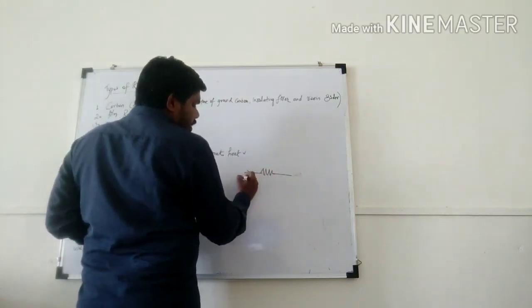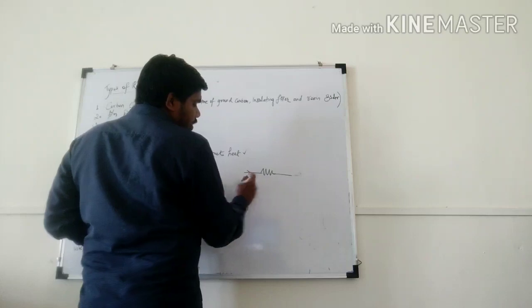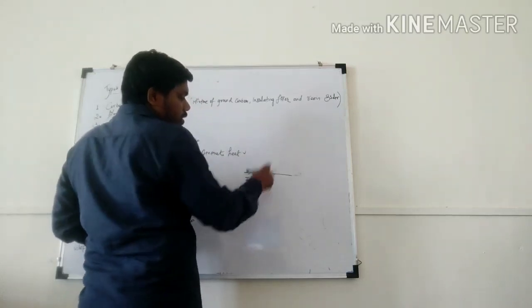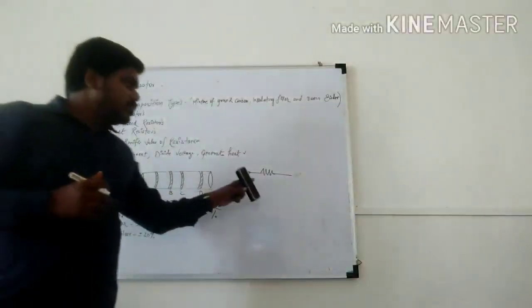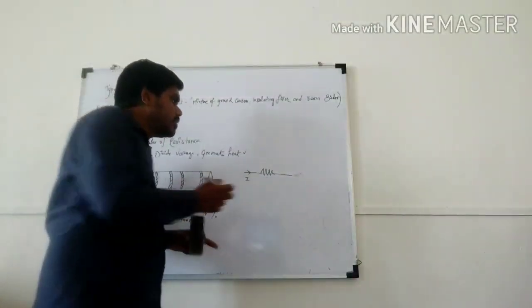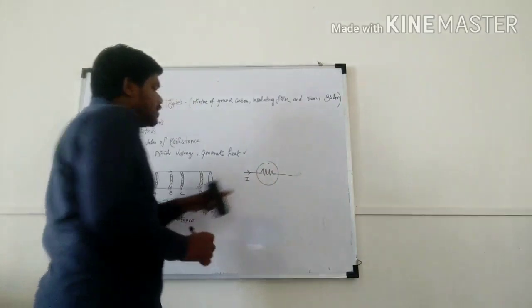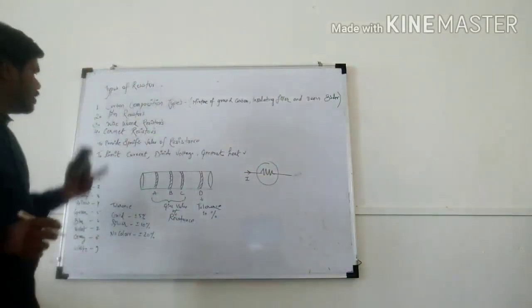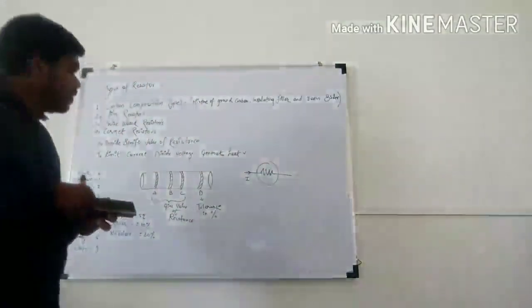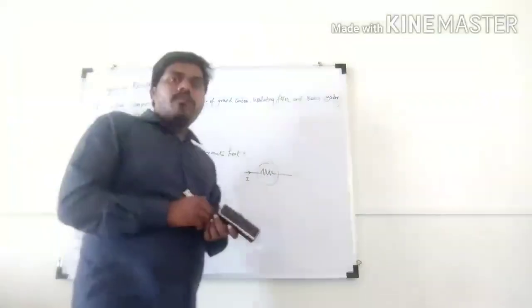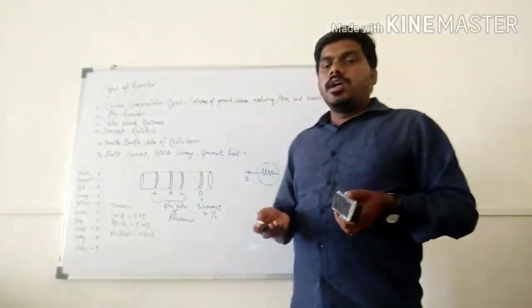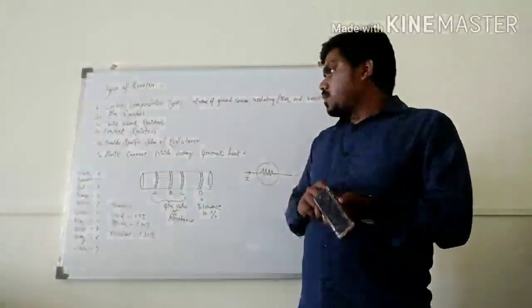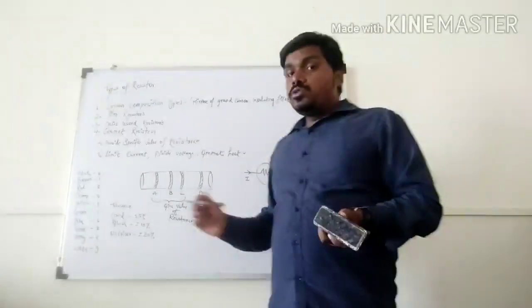The current will flow like this, and it will get an opposition in between. That opposition is provided by this resistance. This resistance can be of any of these four types. So to limit the value of the current, we use resistors.